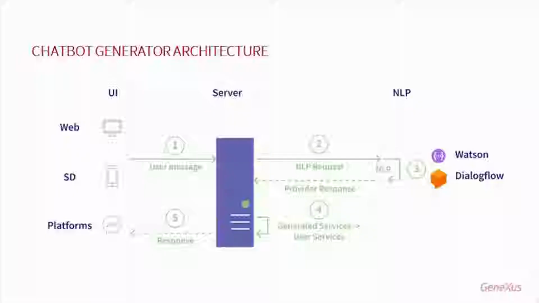I'll tell you firstly about the architecture of this solution. We have three components: the user interface, the server where the objects are processed, and the solutions in NLP, the platform I was telling you about. So from the UI, we have the chatbot. The user enters a message. That message is processed in the server.